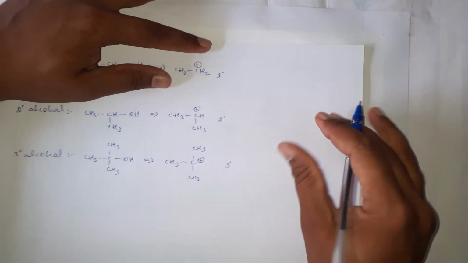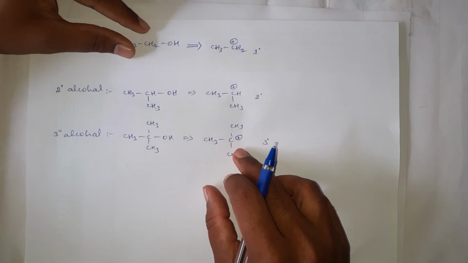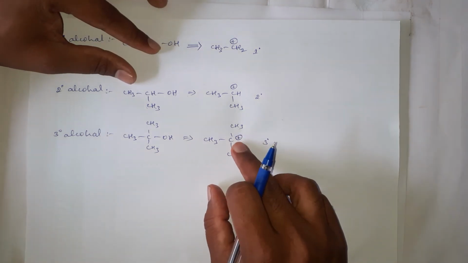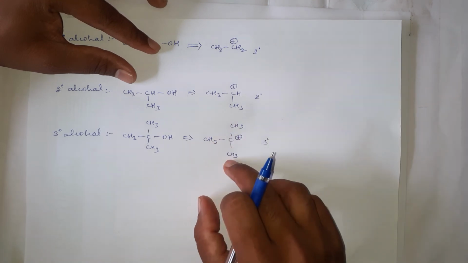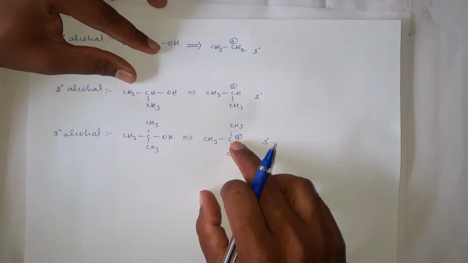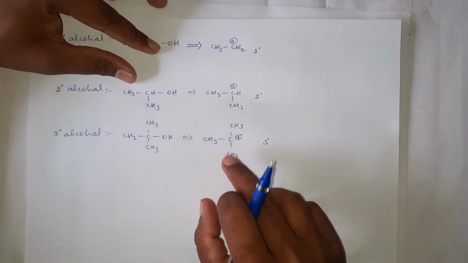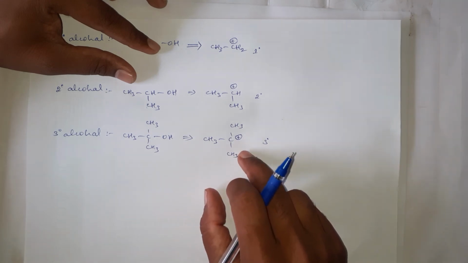And how can we say the formed carbocation is stable or unstable? If the carbocation has stabilizing groups, here these methyl groups are stabilizing groups, meaning these can donate electrons to stabilize this carbocation. If this type of groups are more in number, then the carbocation is more stable.